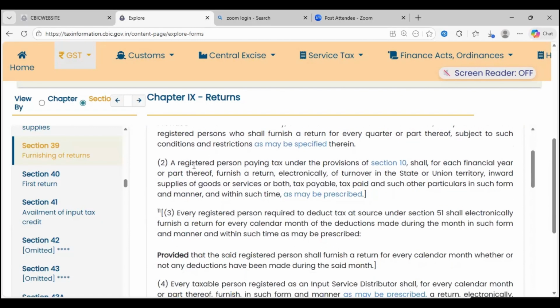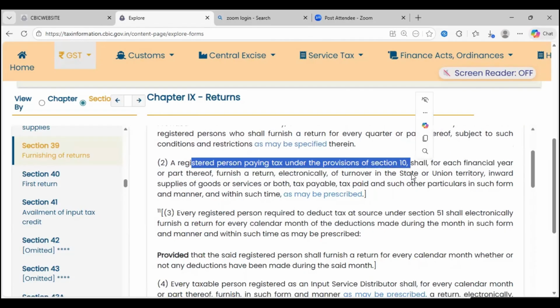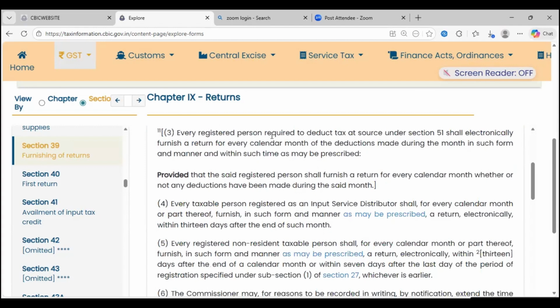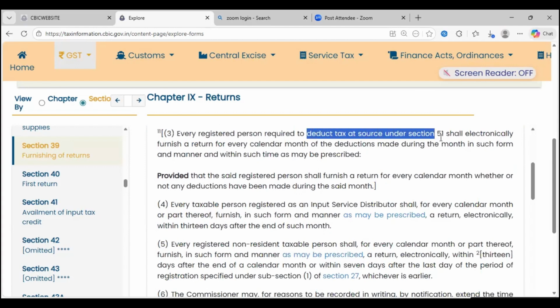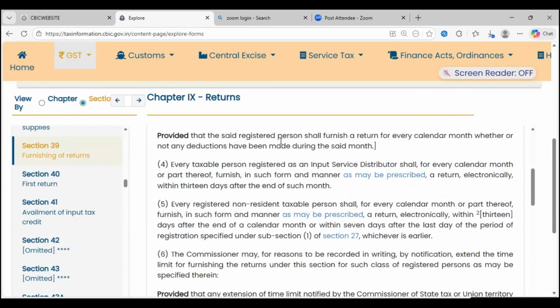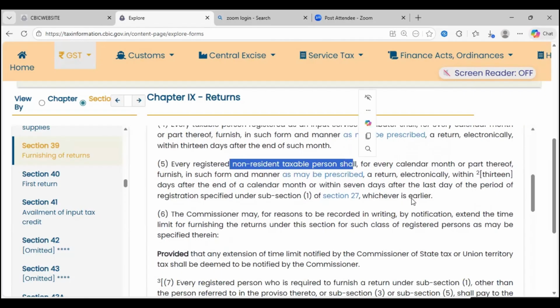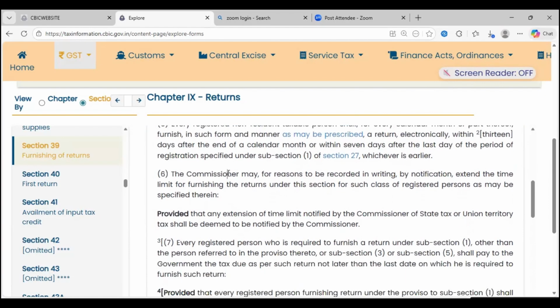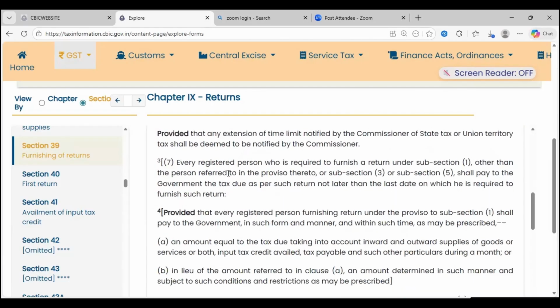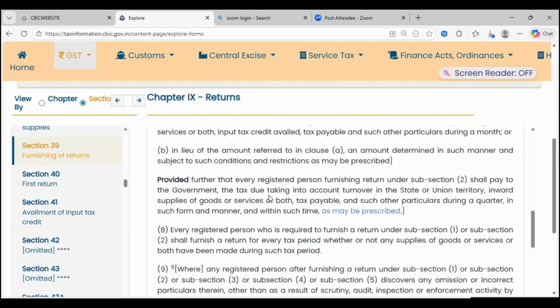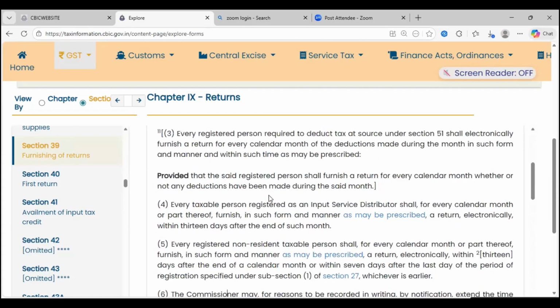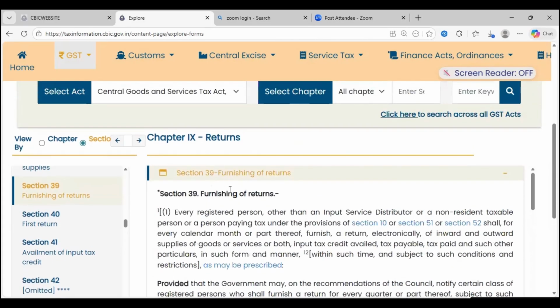Then a registered person paying tax under Section 10, this is the composition return. A registered person required to deduct tax, TDS return. Similarly, ISD return. NRTP, non-resident taxable person, again that is a return, GSTR-7. So these forms which are mentioned in Section 39 are called our returns.